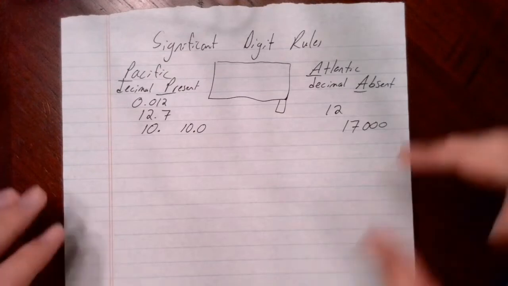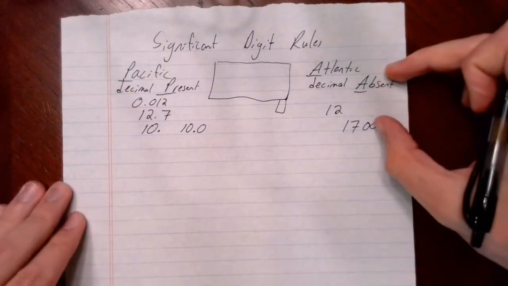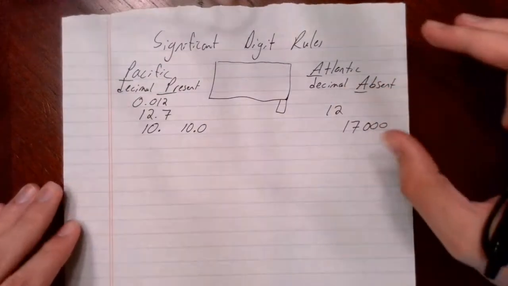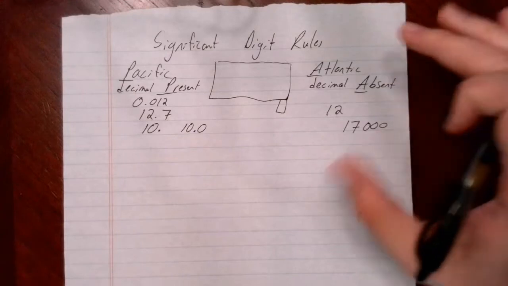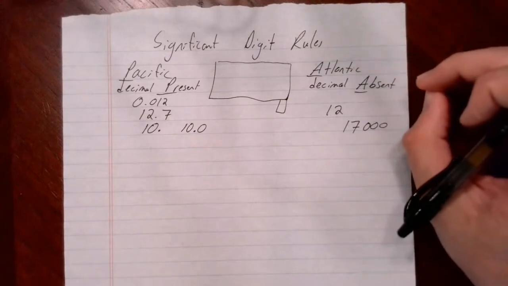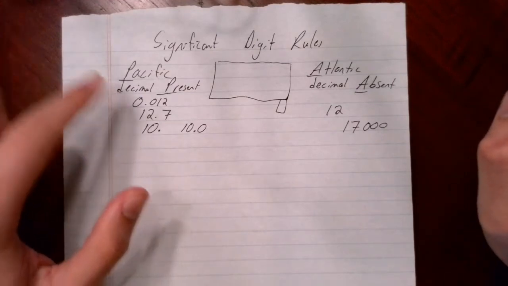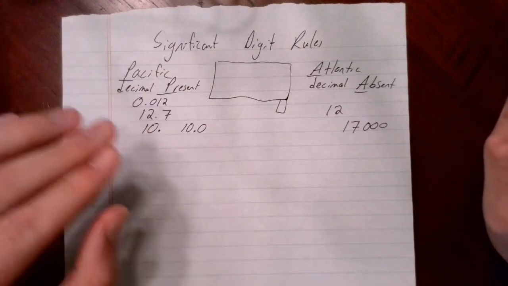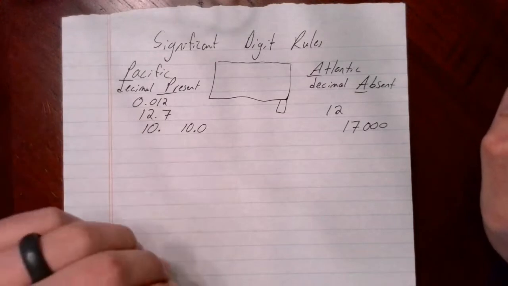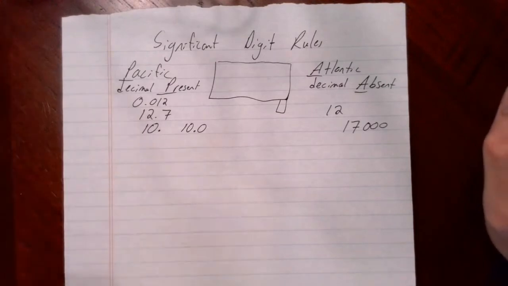If it falls into the Atlantic category, decimal absent, because the Atlantic Ocean is on the right side of the US, we'll start counting on the right side. If it falls into the Pacific category, meaning decimal is present, the Pacific Ocean is on the left, so we'll start counting from the left side.